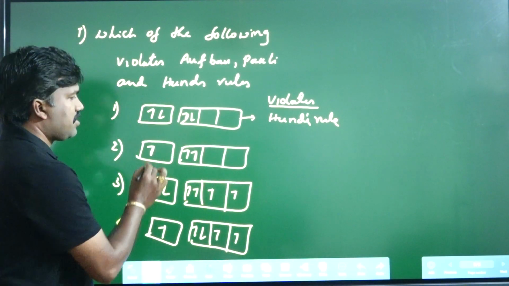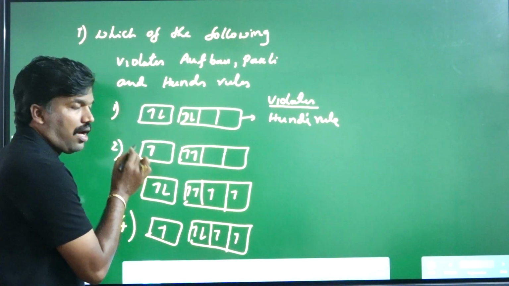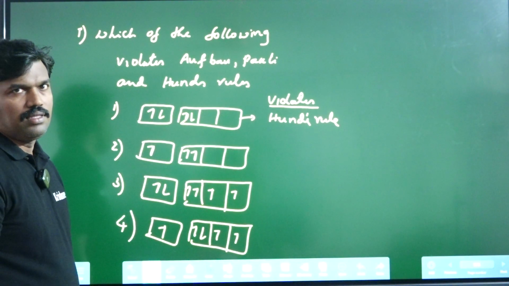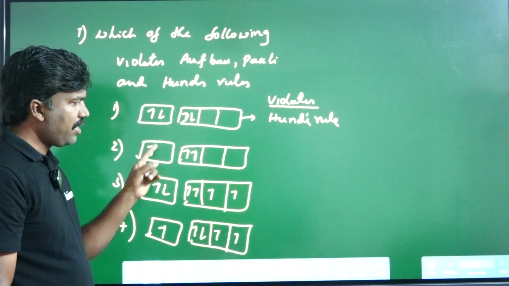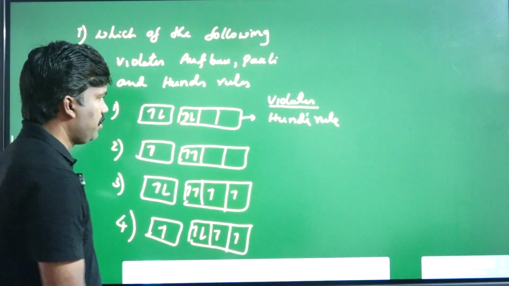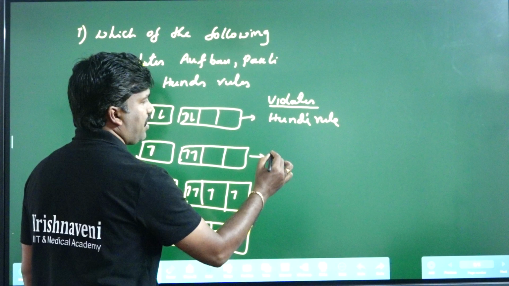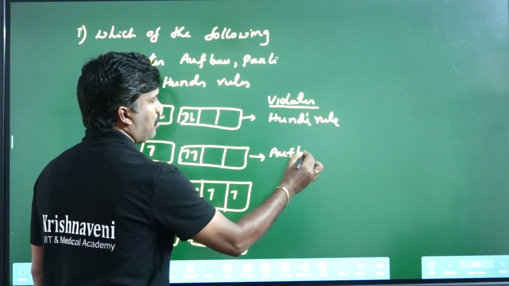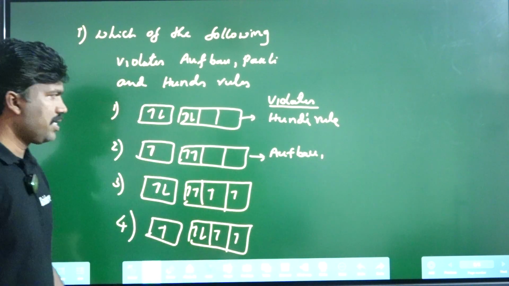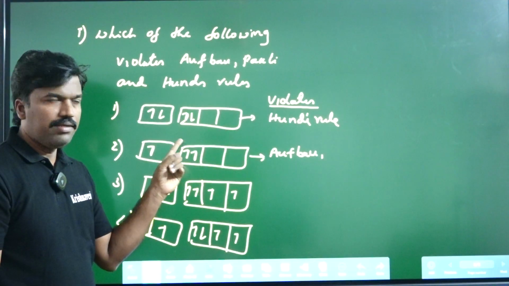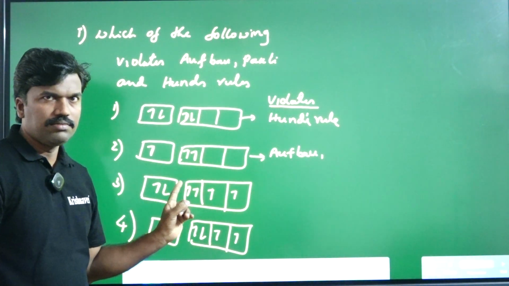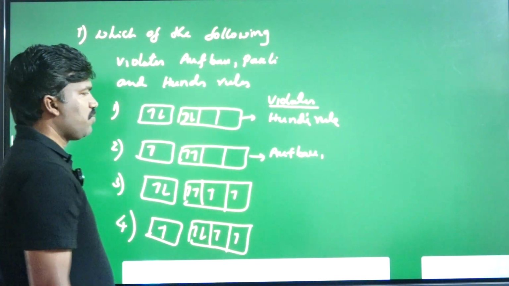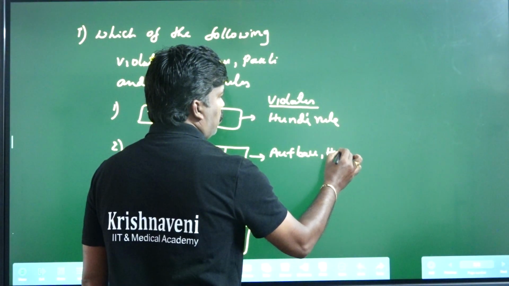Okay. Next, second one. Here, Aufbau is violated. Why? Because without filling this low energy orbital, electron enters into 2p. So first it violates Aufbau. Next, pairing takes place with the second electron, but not with the fourth electron. Okay, so this violates Hund's rule.